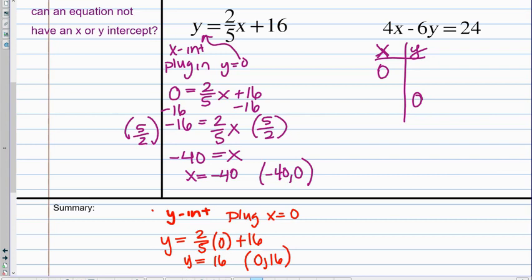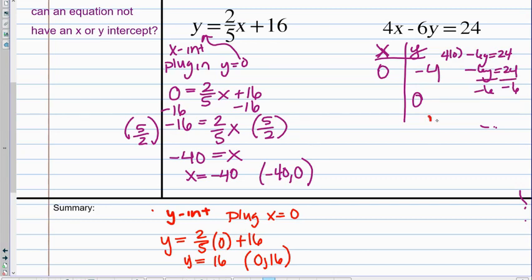So now I have the equation, and I wish that I could show you that. I usually take my finger and just cover up the 4x part, but of course you can't see that. So then I have negative 6y. If I'll just show my work over here, then I have negative 6y equals 24, and it's totally messy. Divide by negative 6, divide by negative 6, and I get negative 4.